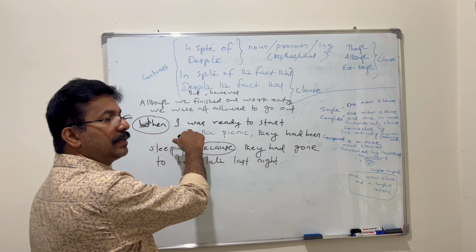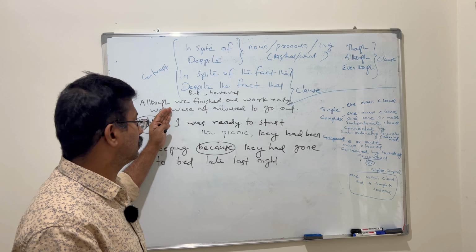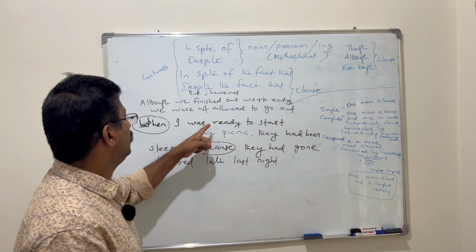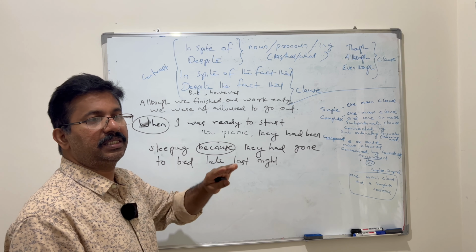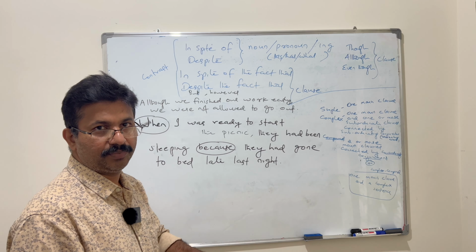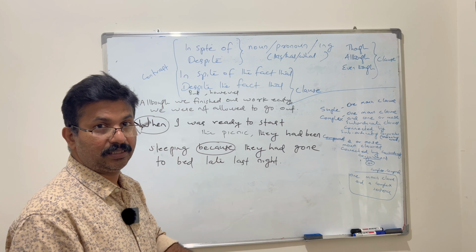I was ready to start the picnic is a main clause because it's complete in meaning. Subject is I, verb is was, and this is complete in meaning. But because of "when" with this main clause, it becomes a subordinate clause because it doesn't have complete meaning. Does that make sense? Okay, so we have got one subordinate clause, SC.